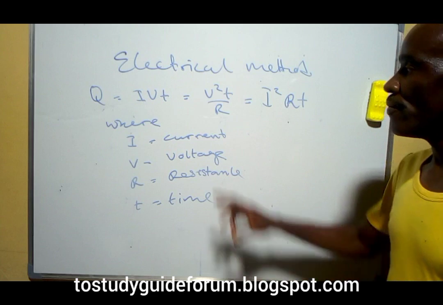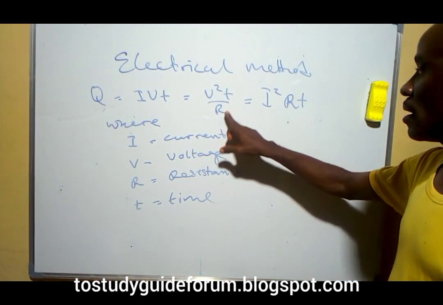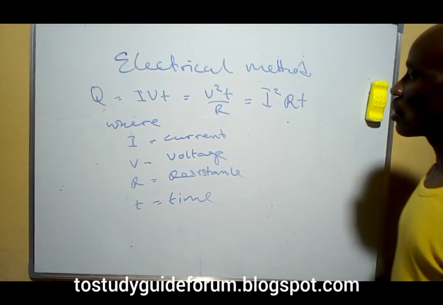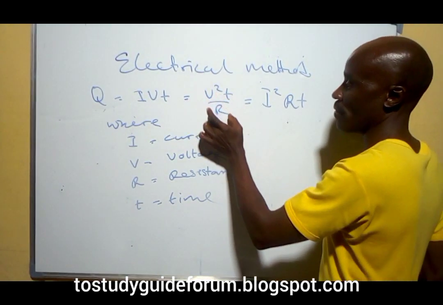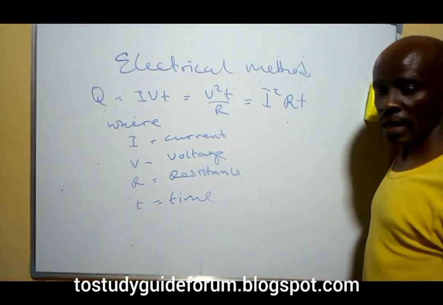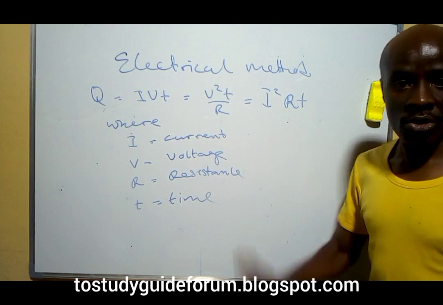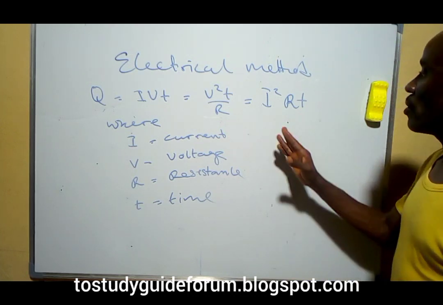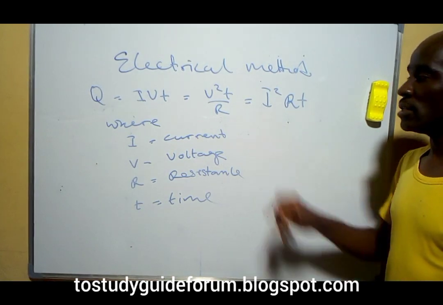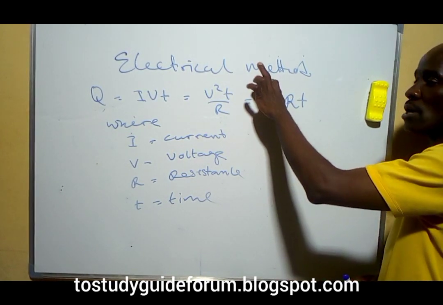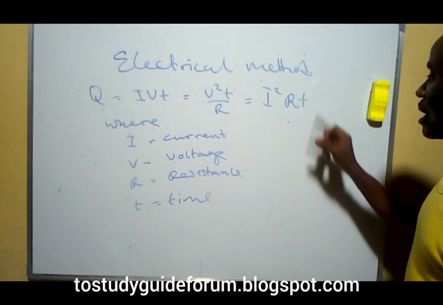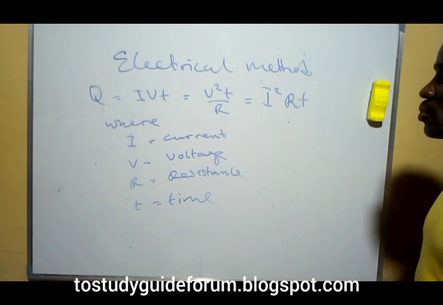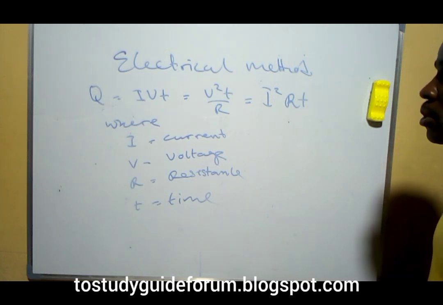Where you have voltage and resistance, you can also get it by V squared over R multiplied by time. You also get your quantity of heat. And where you have resistance and current, you can also do that by I squared R times time. With all these, you'll be able to get the quantity of heat.